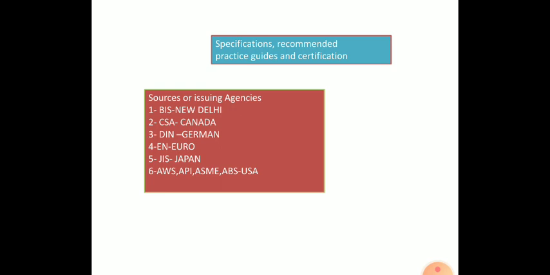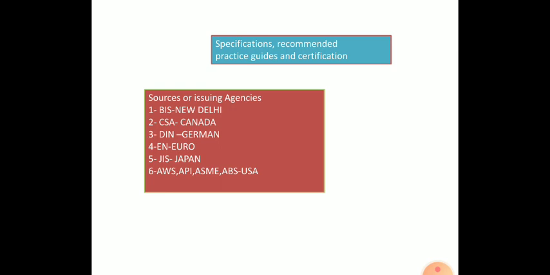Such a standard basically deals with a single item of reference, and that includes welding electrodes, equipment, their methods and techniques. This standard is also followed by government bodies or agencies.